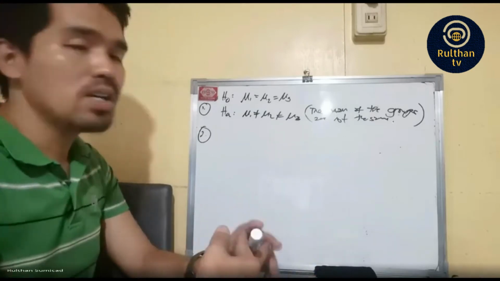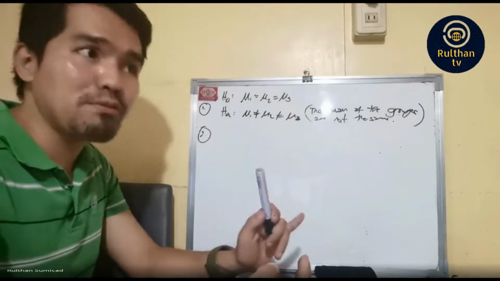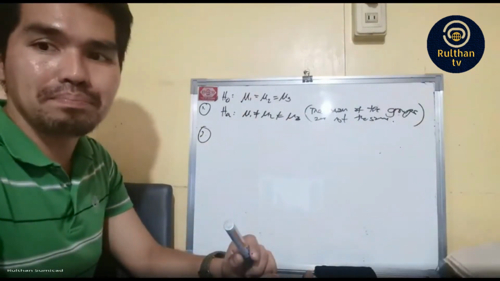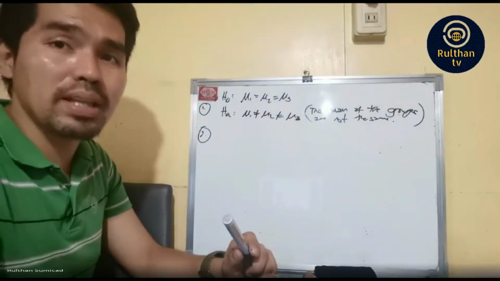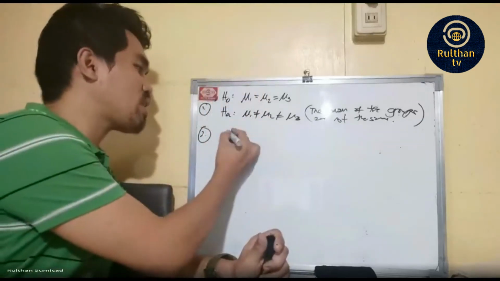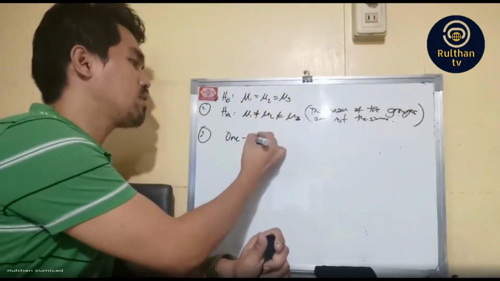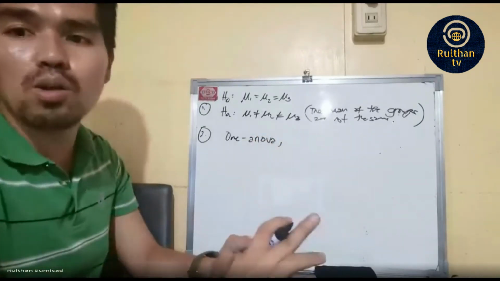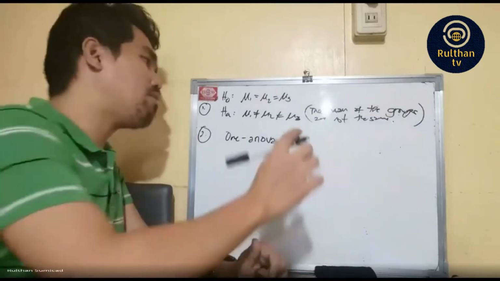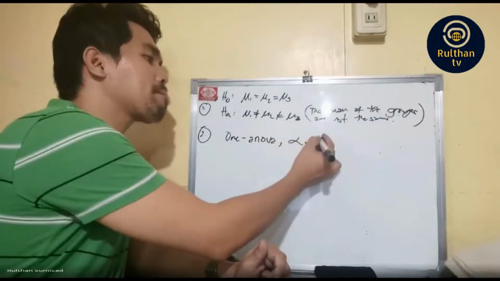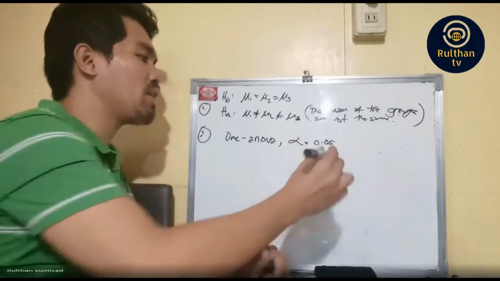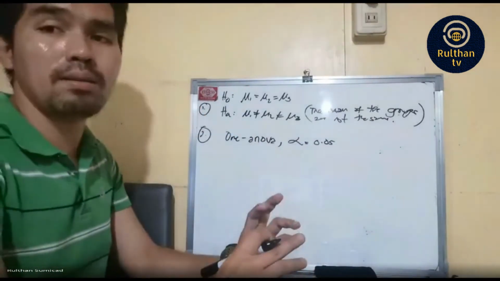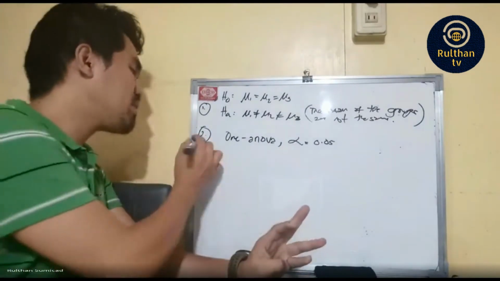So that's why we cannot perform a t-test here, because we're comparing three population means simultaneously. So we are going to use, of course, our one-way ANOVA. But at the same time, we will also assign our alpha. And in this case, our alpha will be 0.05. So we have already assigned our test hypothesis, and at the same time, we also have already assigned our alpha. What is the third step?